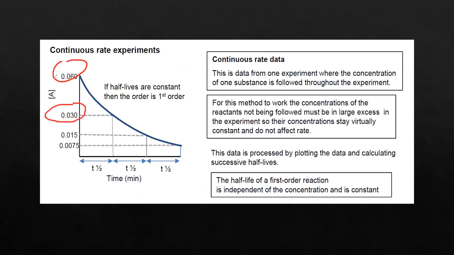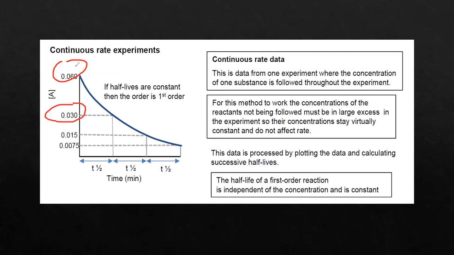So using this concentration and time graph, you can also identify whether it is a first order, second order, or zero order. This is a concentration-time graph, concentration of a reactant versus time. It is obvious that in the beginning you will have more reactant, but with the passage of time, the reactant decreases.